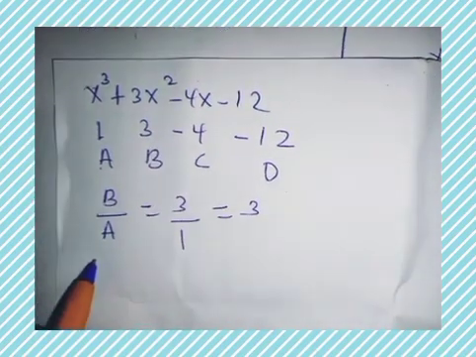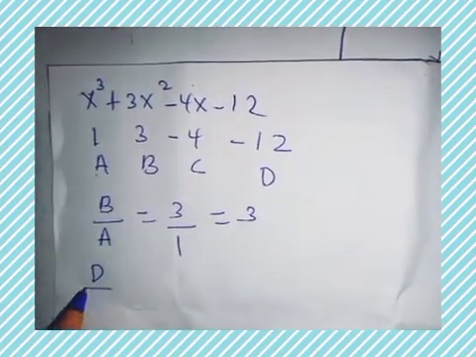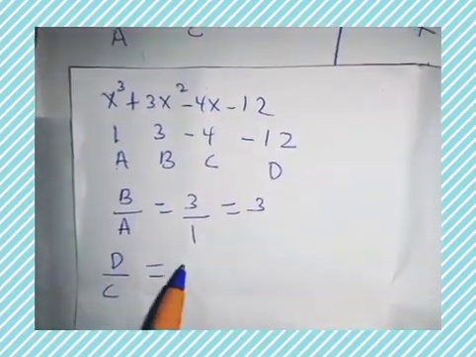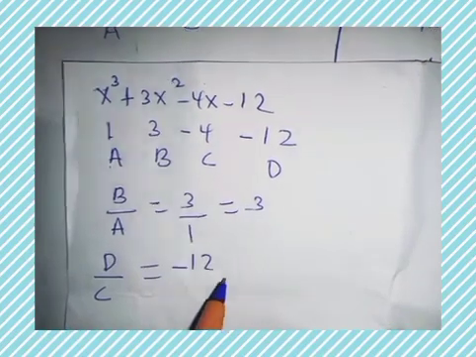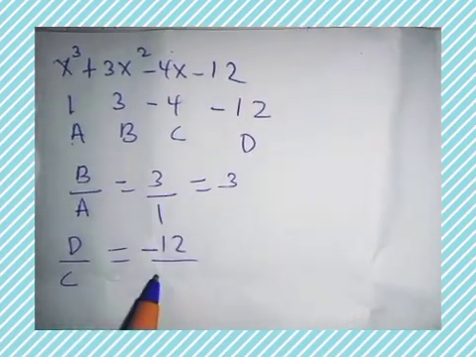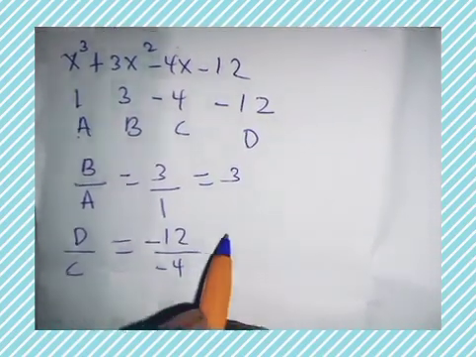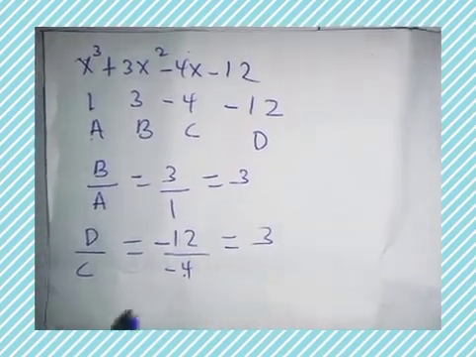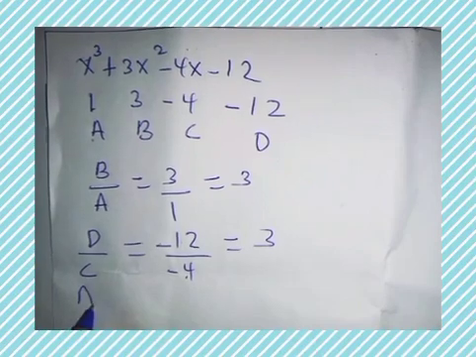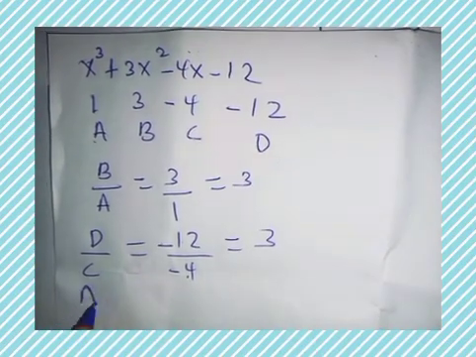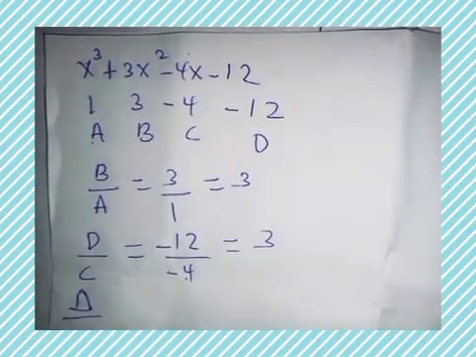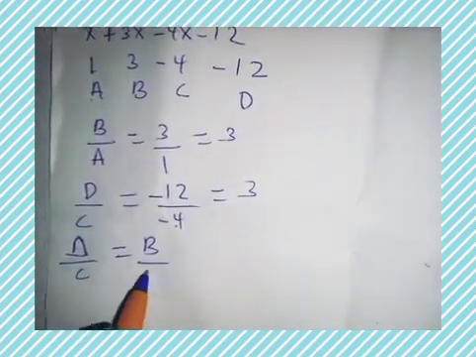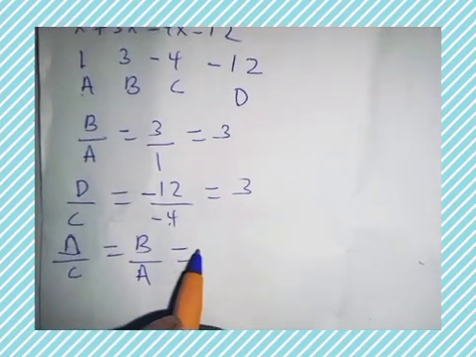Then from there we find D over C. Our D is negative 12, so you have negative 12 divided by negative 4, which is 3. So here we have found that D over C is equal to B over A, which is equal to 3.